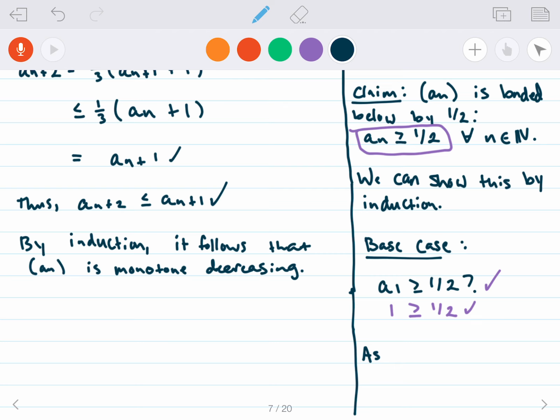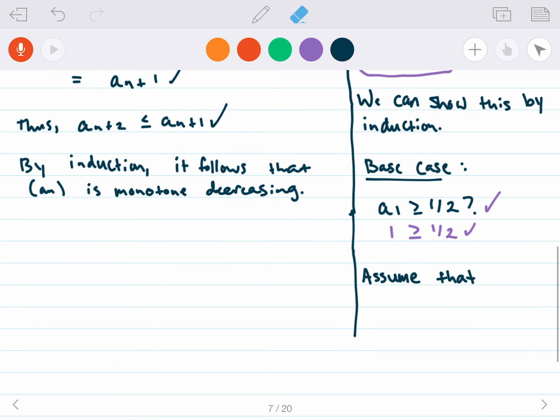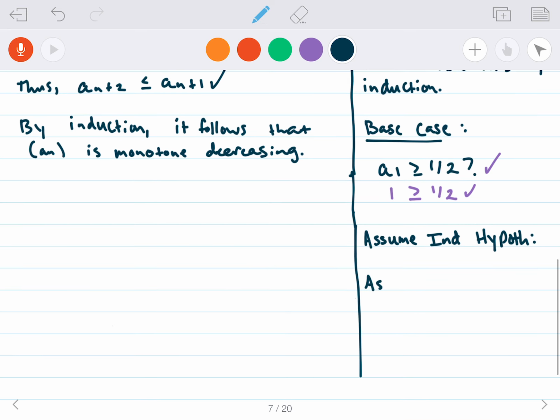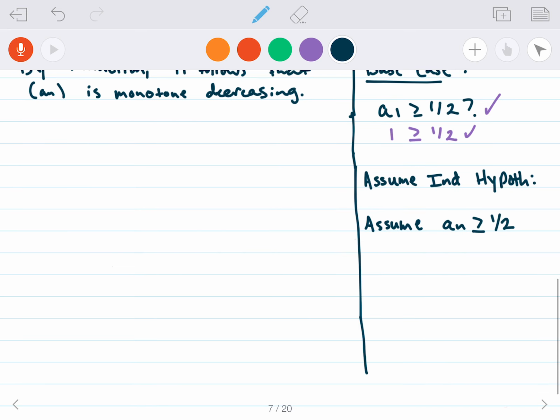Now assume the inductive hypothesis. So we're going to assume that a sub little n is bigger than or equal to 1/2 for all n bigger than or equal to 1.